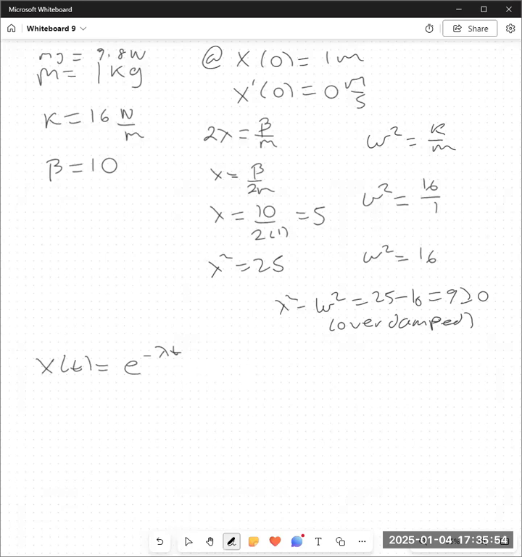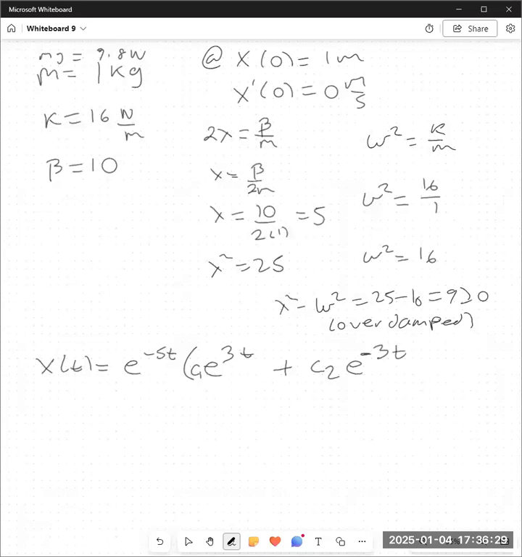let's just go ahead and fill in my numbers here. So lambda was 5, e to the negative 5t times e to the square root of this difference. So that's the square root of 9 is 3t, c1 e to the 3t plus c2 e to the negative square root of 9 is 3t.